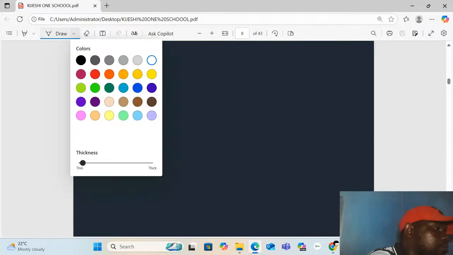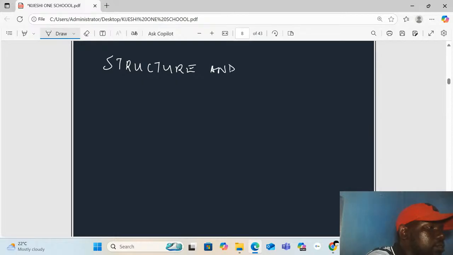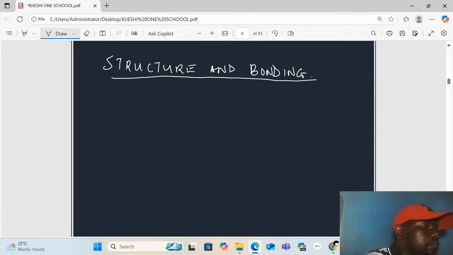We have this chapter which is structure and bonding. We may have a very long way so that we can review where we have these terms coming from.